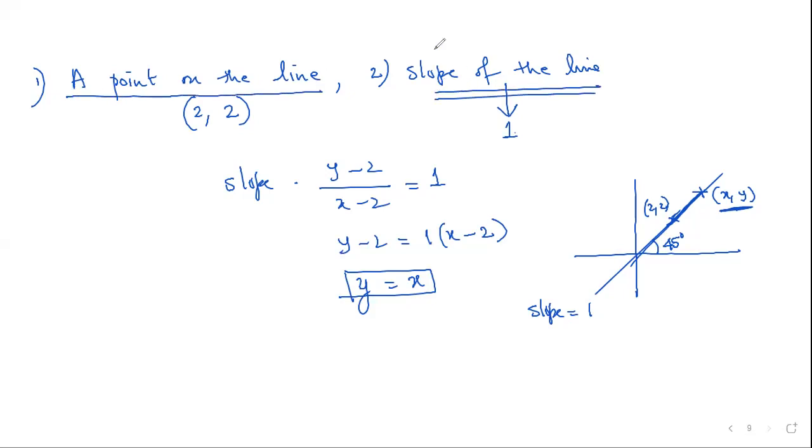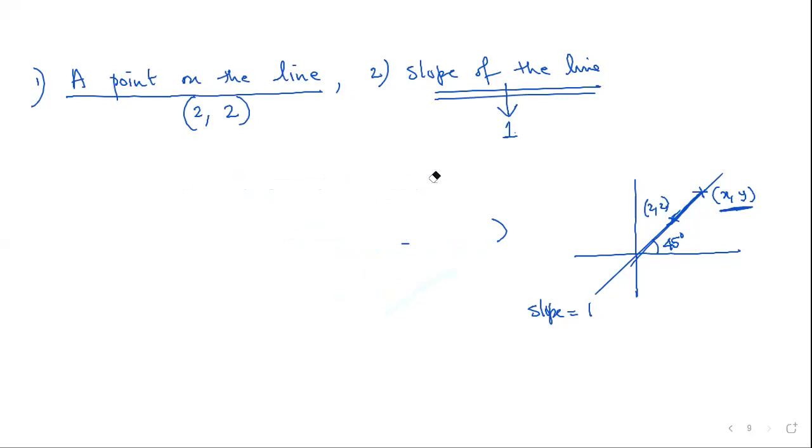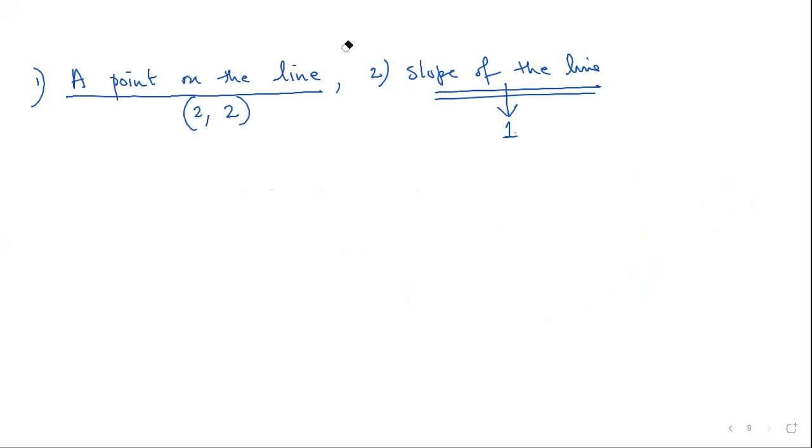So let's make a formula out of it. Imagine the point on the line is (x1, y1) and the slope of the line is, let's say, m. This is the usual notation. So imagine a line, one point which I know is (x1, y1), and any point on the line is (x, y).